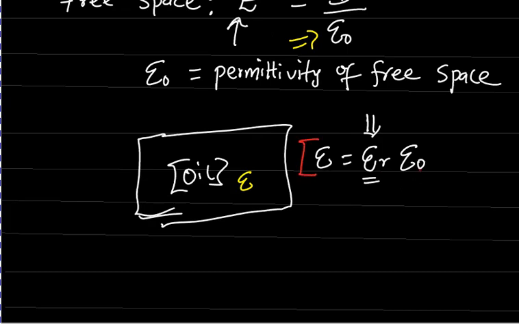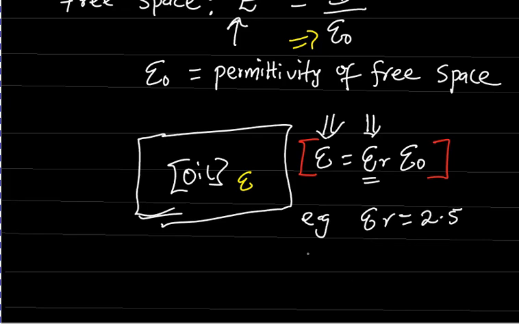Okay, this is the formula you're going to use to calculate the permittivity of any medium that is not free space. Let's say, for example, it's a medium whose relative permittivity is 2.5.